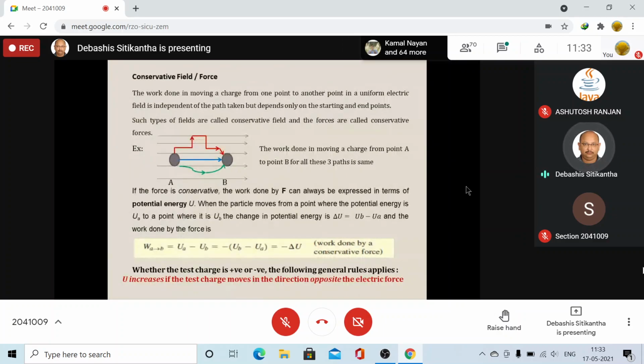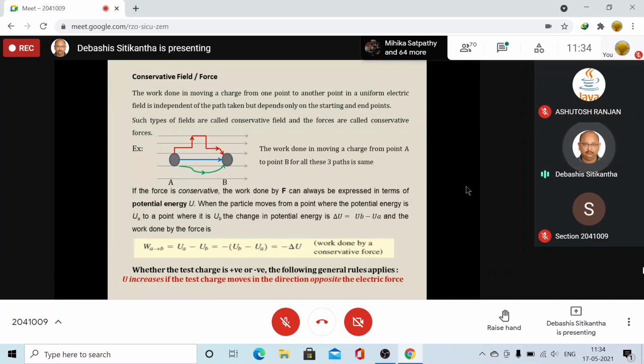Next, we learned about the conservative field and conservative force. Over there, we came to the conclusion that the electric field is conservative in nature and the electric force is also conservative. So over there, we learned the most important thing is that whatever be the nature of the path, the work done is going to be the same, and it is only going to depend on the starting and the ending point inside the uniform electric field.